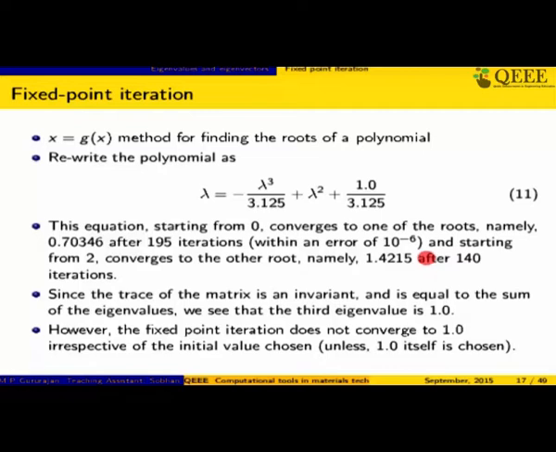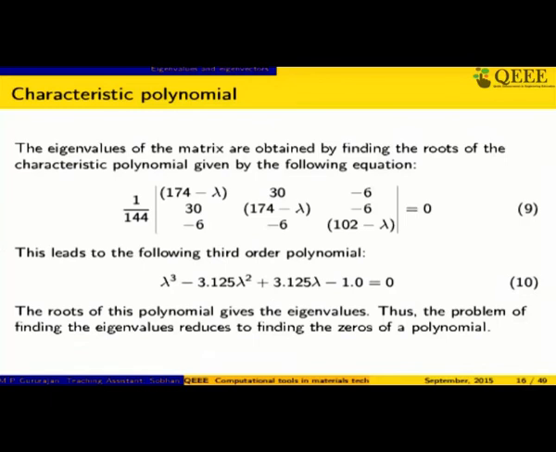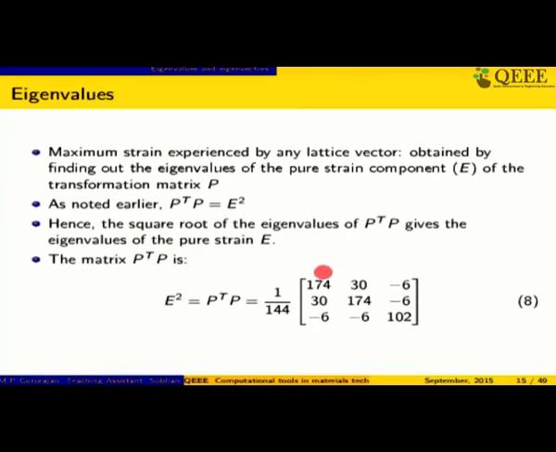We also know that the trace of a matrix is invariant and it is equal to the sum of eigenvalues. So, what is the trace of this matrix? Can you look at this matrix and tell me what is the trace? Oh, you have to remember there is a 1 by 144 outside the matrix.